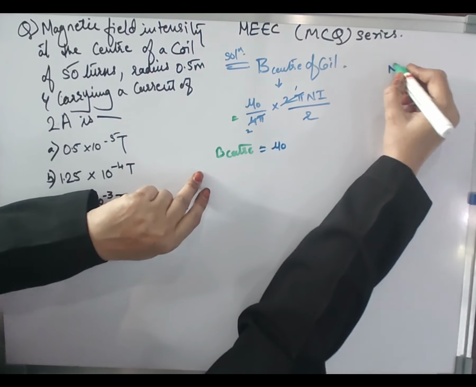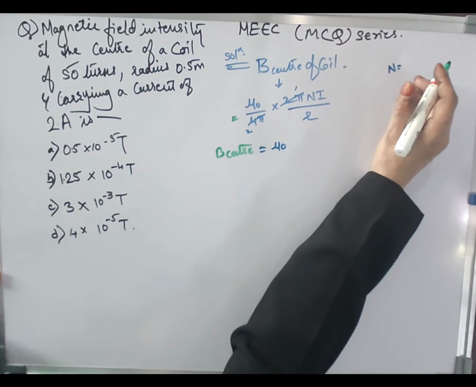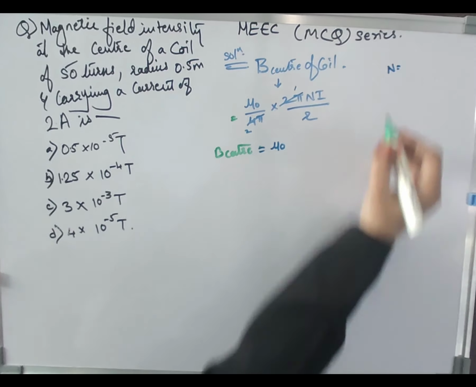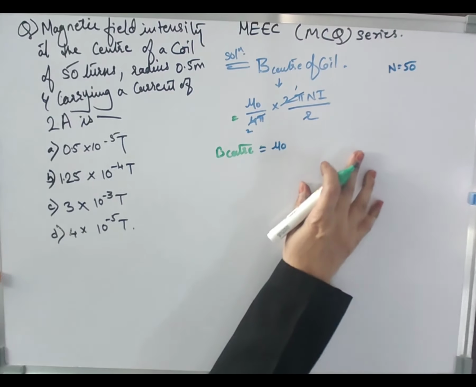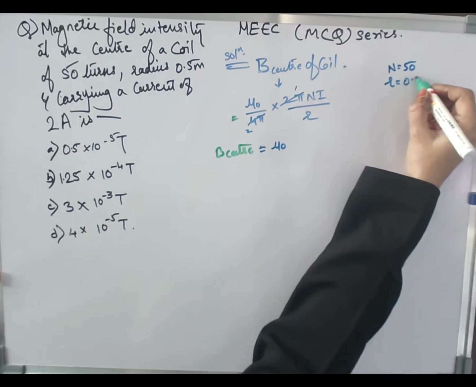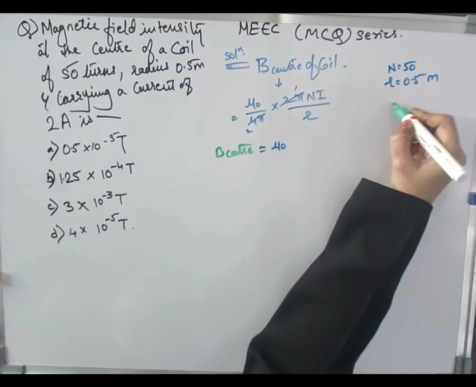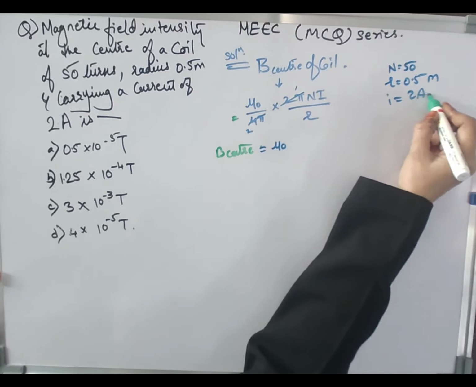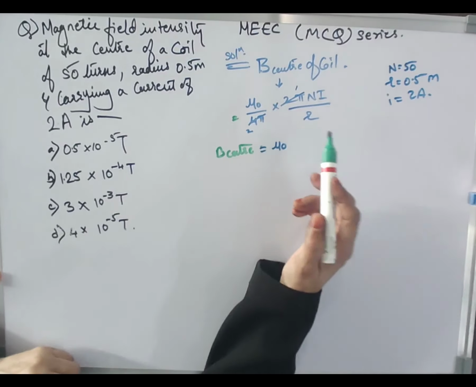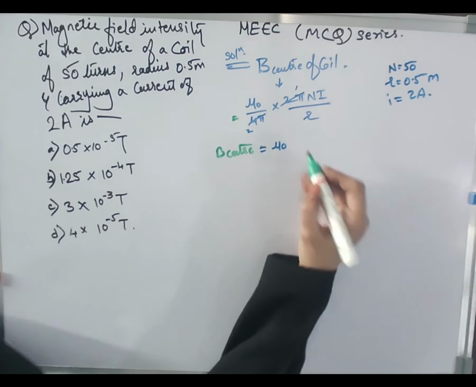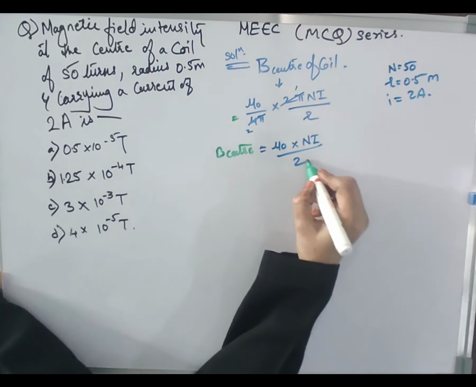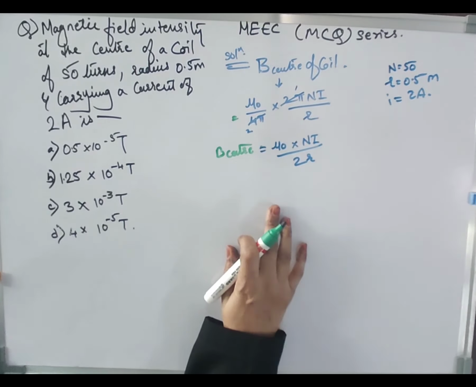Here we'll first write down the given things. N is 50 turns, R is the radius of 0.5 meters, and I is equal to 2 ampere current. So now what we are left with is mu naught into Ni the whole upon 2R, isn't it?